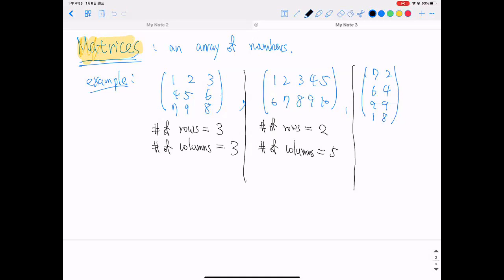Now in this last example, the number of rows is 1, 2, 3, and 4. The number of columns is 2. So in the first case, maybe I should label them 1, 2, 3.